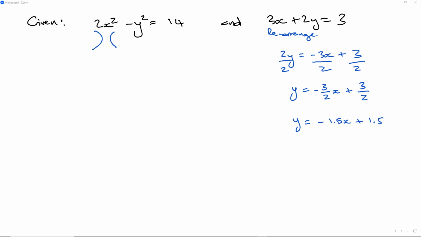All right, so now I'm going to substitute this in for y. After substituting this in, I can see that I've got negative 1.5x plus 1.5, which I need to square out. So there's just a bit of simplifying to do here.